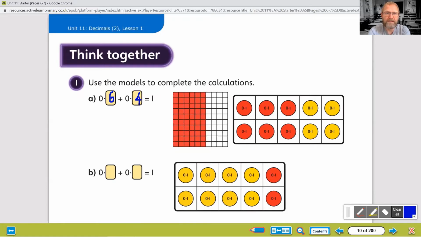And if we add them together, we get a whole, and you can see that here as well, represented by the counters. So on our next model here, we've got 1, 2, 3, 4, 5, 6, 7, 8 tenths. 8 tenths, and we're adding 2 tenths, and that makes our whole.